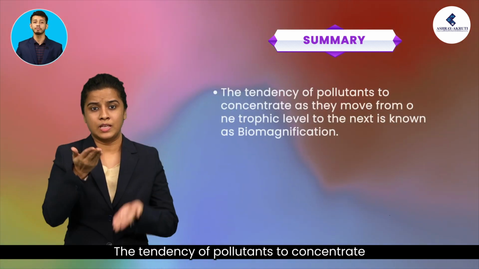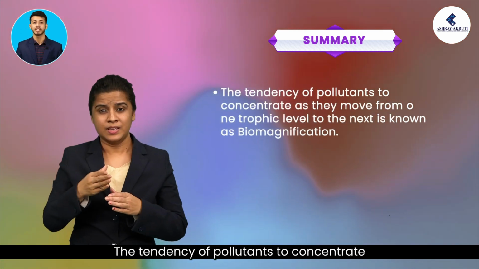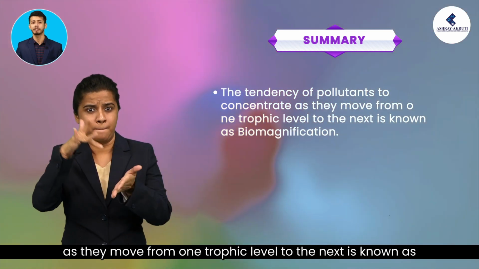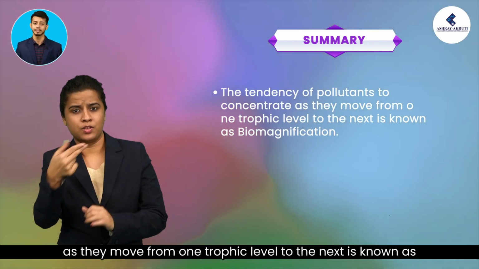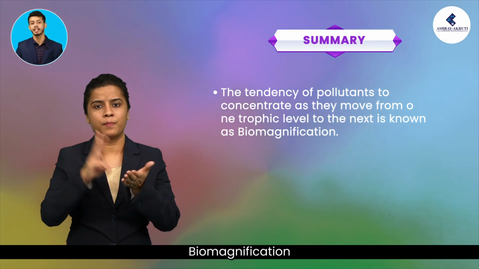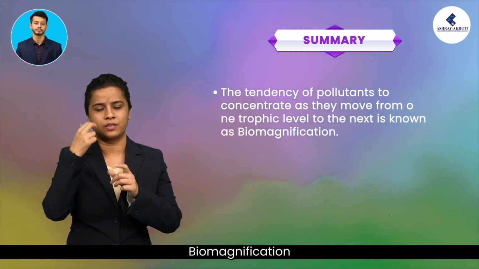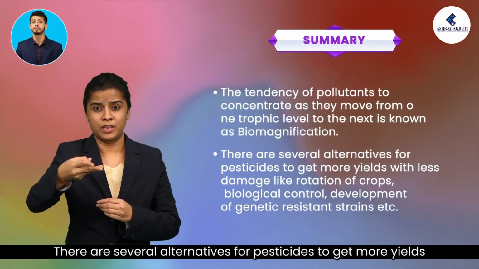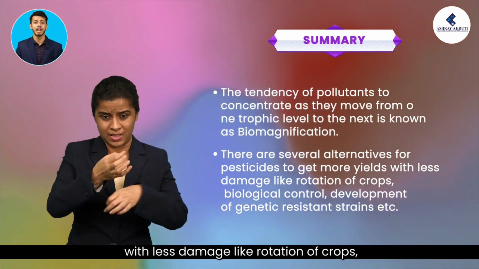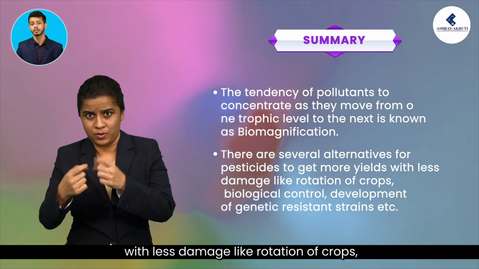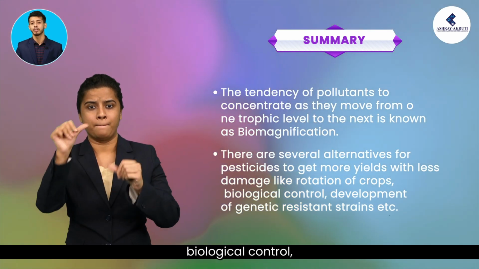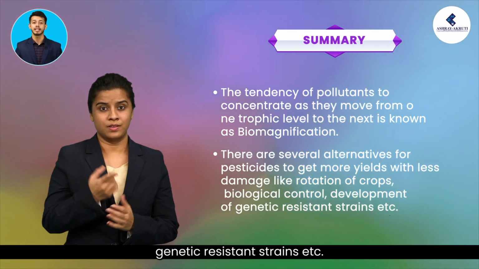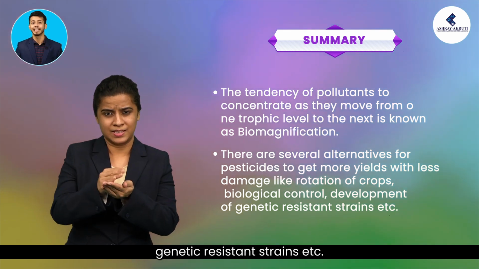The tendency of pollutants to concentrate as they move from one trophic level to the next is known as biomagnification. There are several alternatives to pesticides to get more yields with less damage, like rotation of crops, biological control, development of genetic resistant strains, etc.